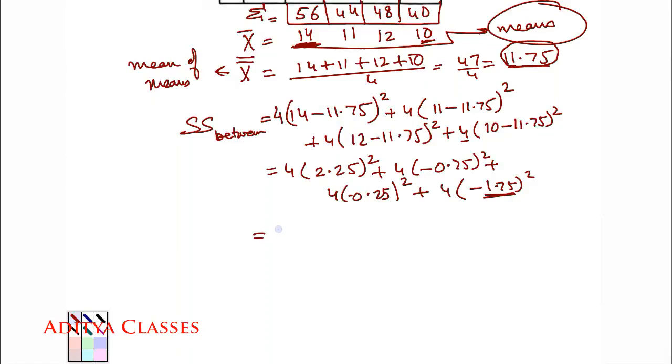So now let us go ahead and square these values. 2.25 square would give me 5.0625.